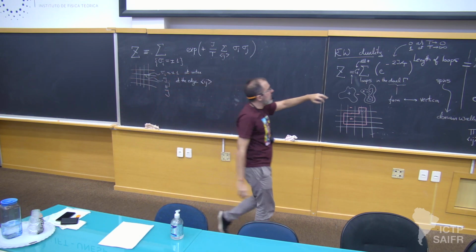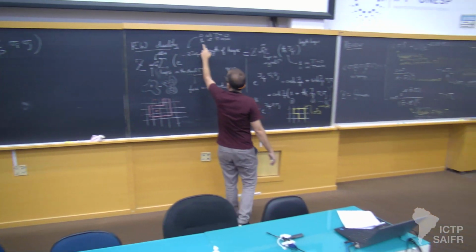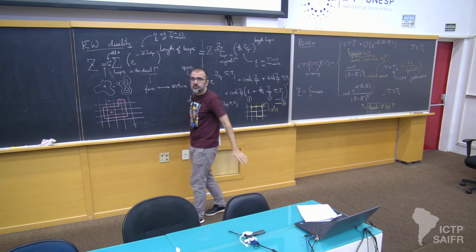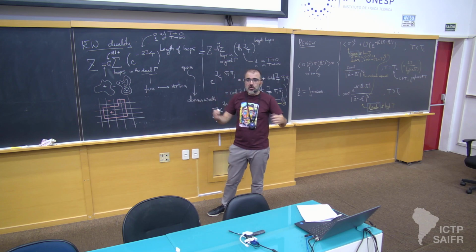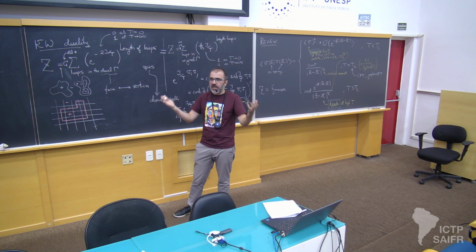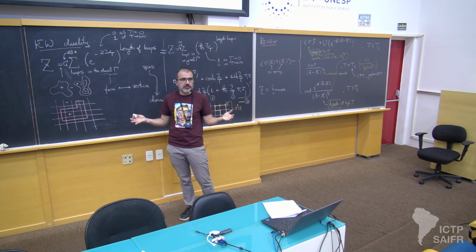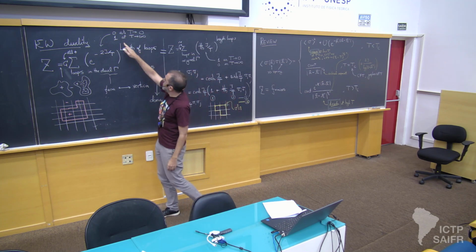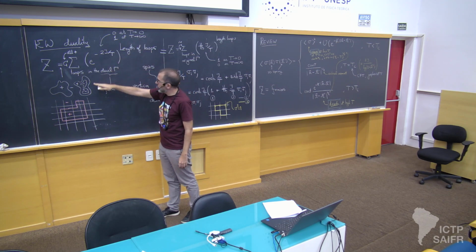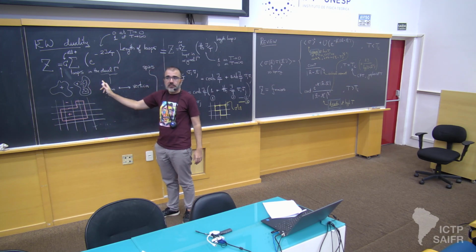And so you see that when all the weights are 1, it means that in that case, all loops are weighted equally. And if all loops are weighted equally, it means that loops can proliferate. I can have lots of loops. There's nothing suppressing loops. And so that's what we see. When the temperature goes to infinity, I have lots of domain walls. That's my intuition.